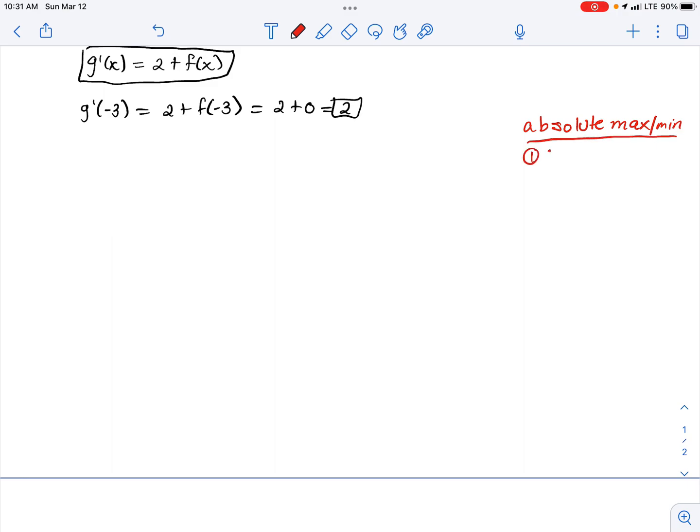We want to find the critical points for the function, which means this is when the derivative is equal to 0 or undefined.